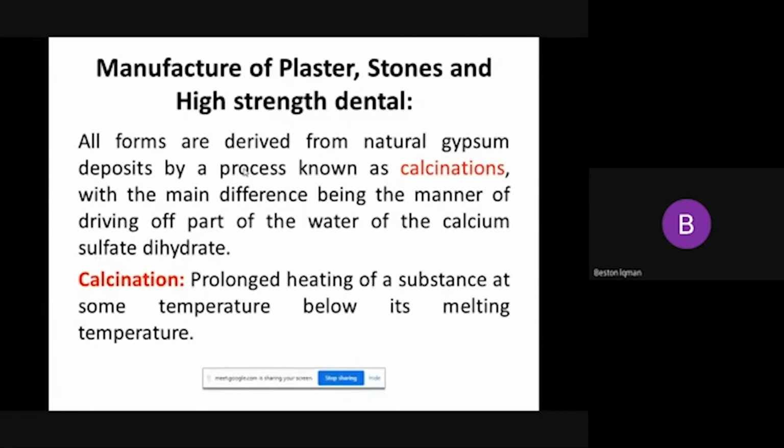The chemical name of the gypsum is calcium sulfate dihydrate. As we remove the water, we can construct the types of dental stone by the process of calcination.